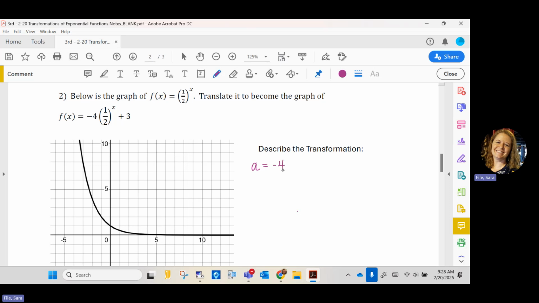Now, what does that do to my graph? How would you describe the transformation? The negative means that it's going to flip, good, flip or reflect over the x-axis. It's a vertical reflection. Okay, what about the 4? What does it do?